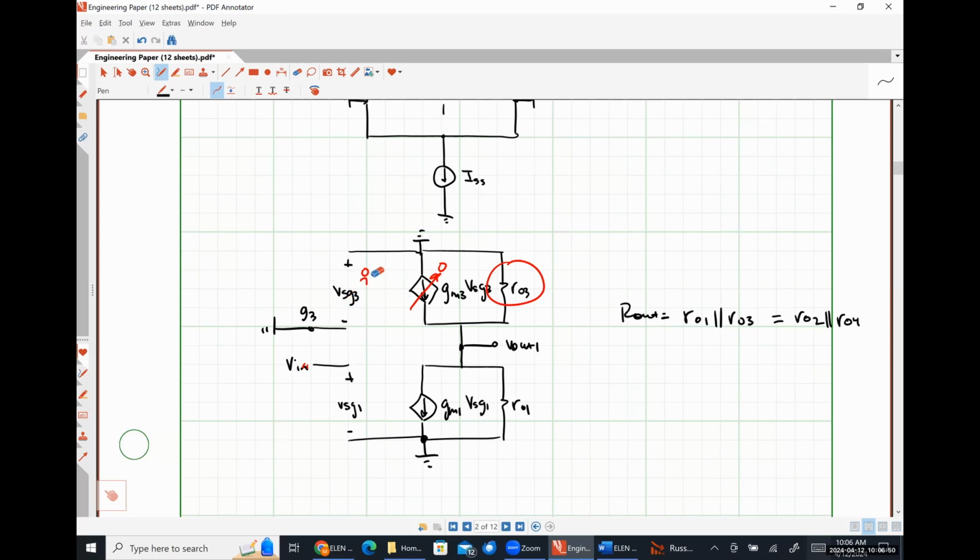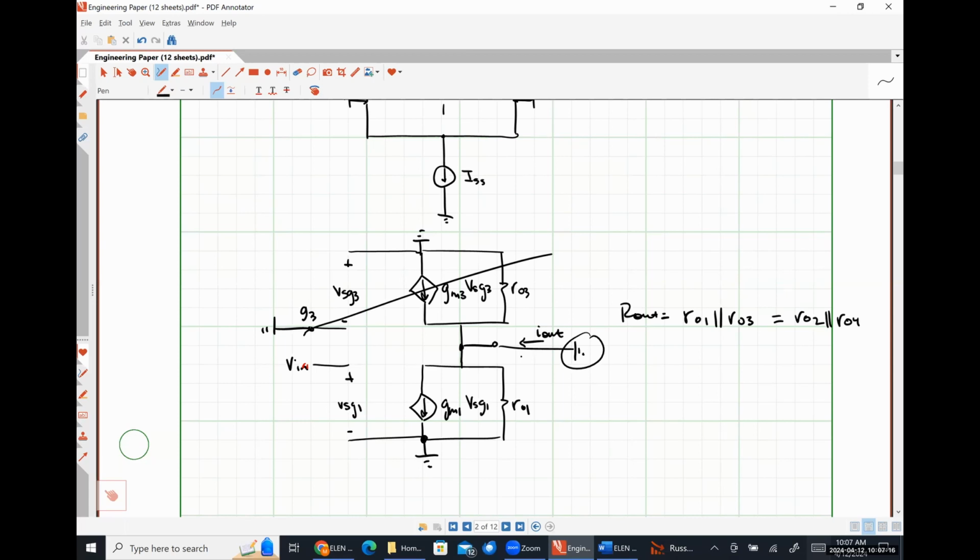Now let's look at our short circuit transconductance of this guy, because that'll be an easy way to figure stuff out. So here's our small signal I out. By grounding this node, this whole thing goes away, because effectively we just have the resistance R naught three between ground and ground.